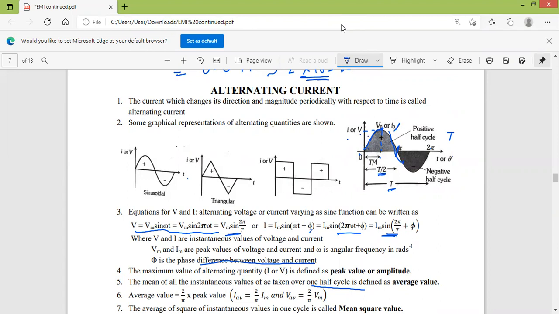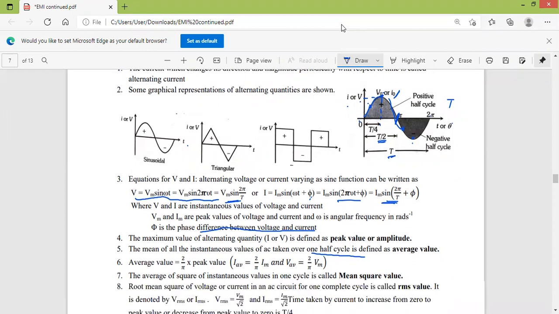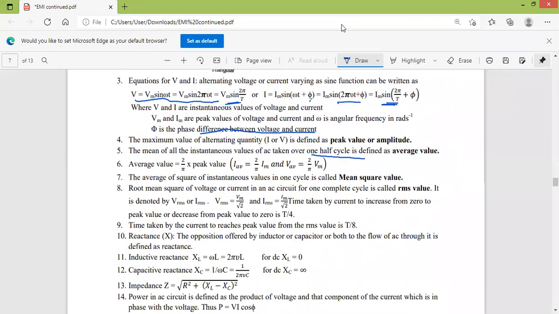Here V naught, here minus V naught, plus V naught minus V naught is 0. Therefore, the average value of a complete cycle is 0. Hence, we define average only for a half cycle.